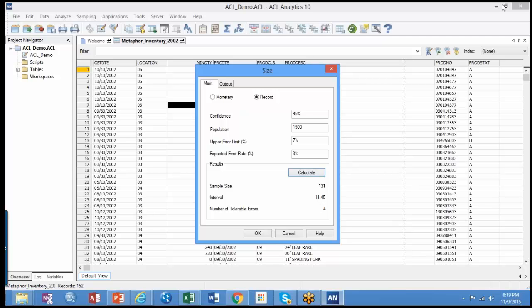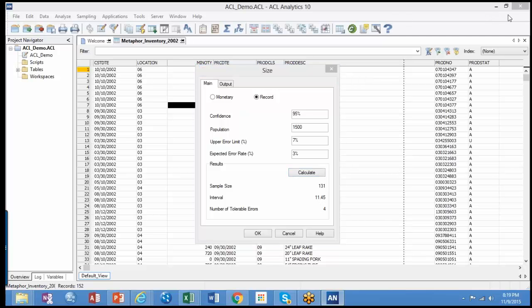And again, this is all related to what we're talking about of the precision, and the precision is the difference between the expected and the tolerable error rates.